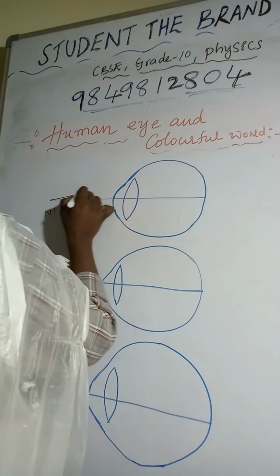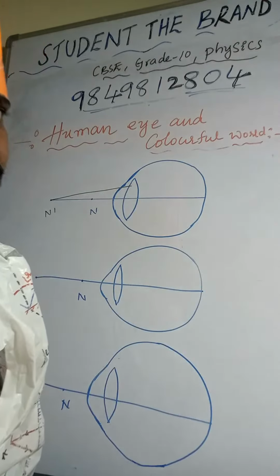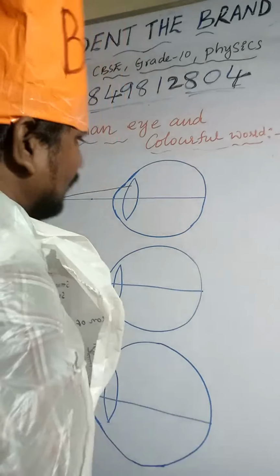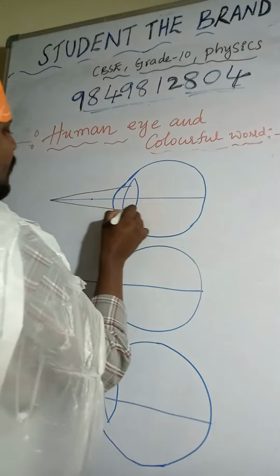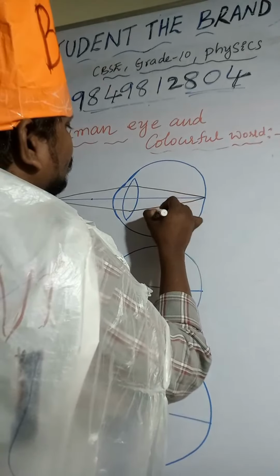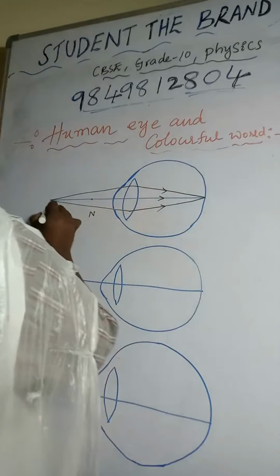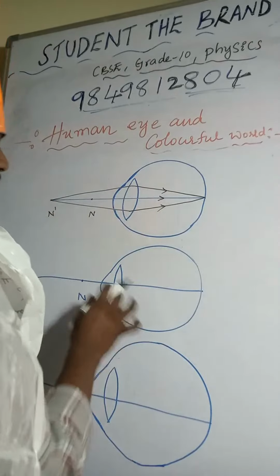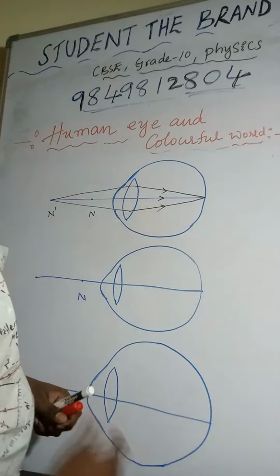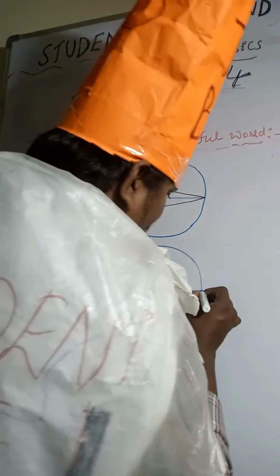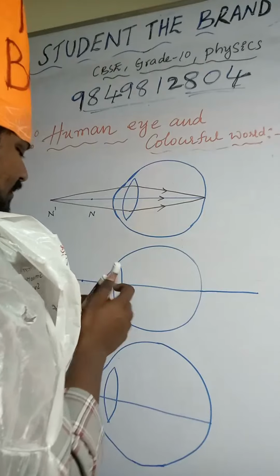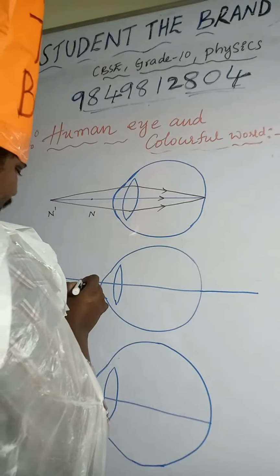You can see. If the light rays are coming from this point, the light rays will meet at retina. And if light rays are coming from near point, as I said, those light rays will meet beyond retina. So here the light rays will meet beyond retina.